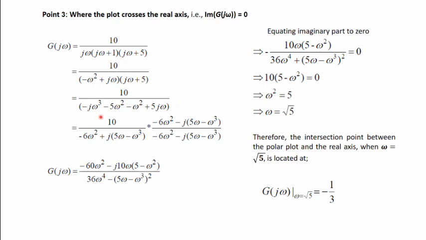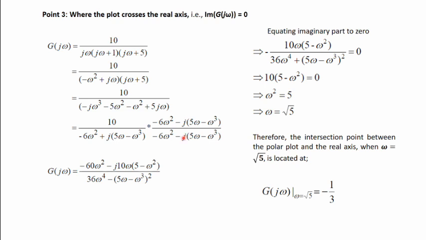Rationalizing means multiplying the numerator and denominator by the complex conjugate of the denominator term. In this particular case, after we solve this, the denominator comes out to be minus 6 omega square plus j times (5 omega minus omega cube), and we multiply by the complex conjugate term, that is minus 6 omega square minus j times (5 omega minus omega cube), in both numerator and denominator.